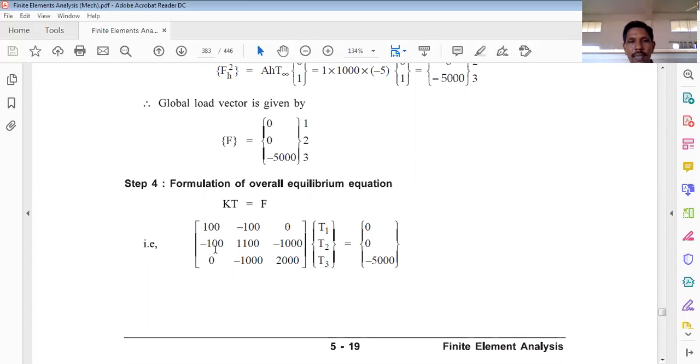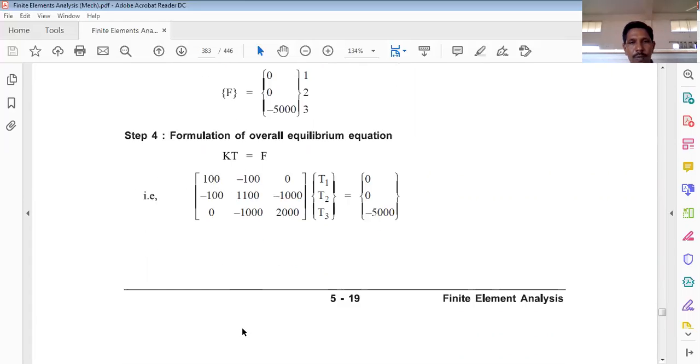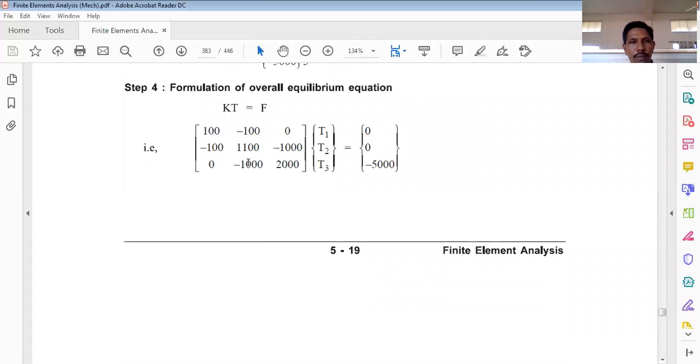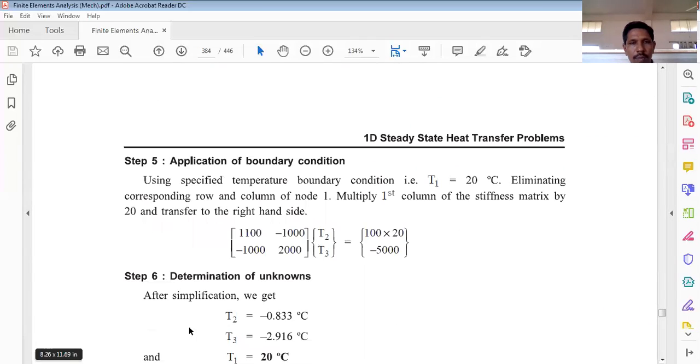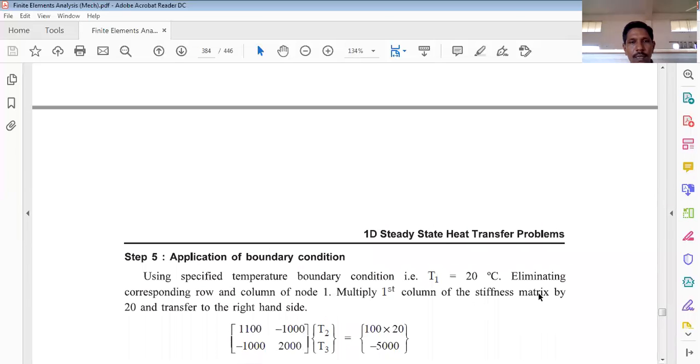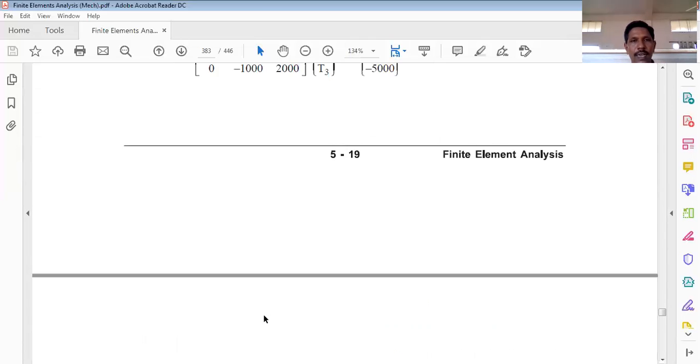Now, when you look at the second row entity, the entity corresponds to the first row, first column. So when you multiply this, eliminating and multiplying the first column of the stiffness matrix by 20, it is transferred to the right side.